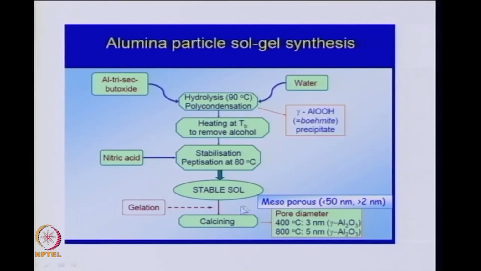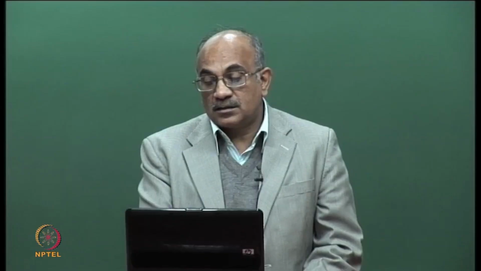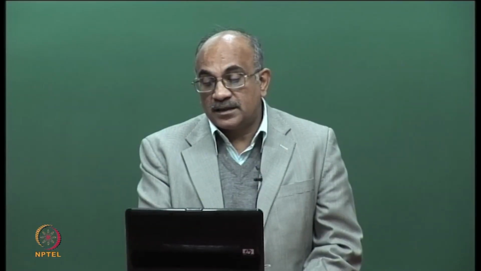if the temperature of this calcination is kept around 400 degrees Celsius, you get pore diameters of around 3 nanometers, and if you heat it at higher temperature like 800 degrees centigrade, then you get particles which are mesoporous and have average pore diameter of around 5 nanometers, and these are gamma alumina.